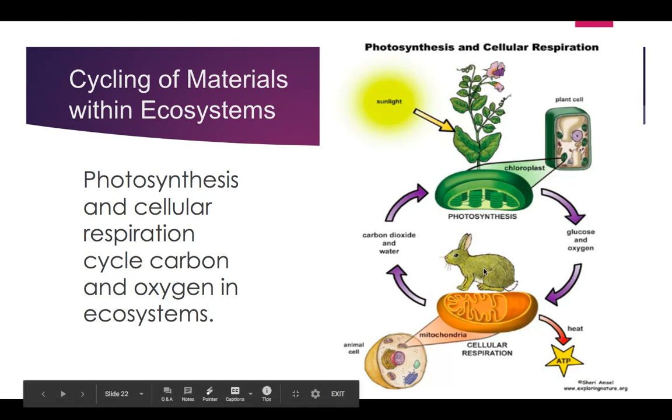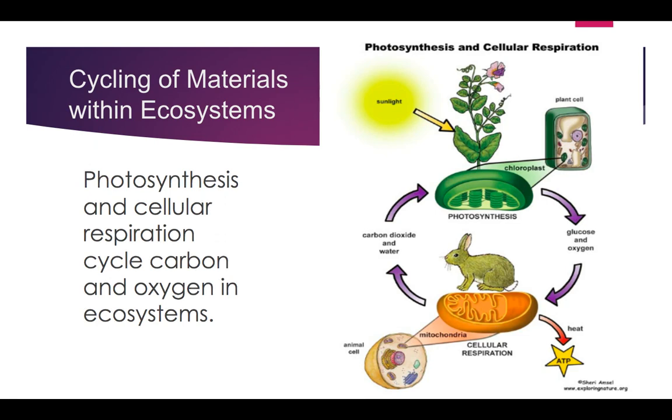Say we start with my bunny, right? My bunny is breathing, obviously. It's a breathing, living bunny, yay. So it's going to be making carbon dioxide as well as water. Those are things that can then be absorbed by my plant, right? Plants need carbon dioxide and water. It's also going to harness that sunlight, and it's going to create glucose and oxygen. Now it's perfect because these are the things that my bunny needs to live.